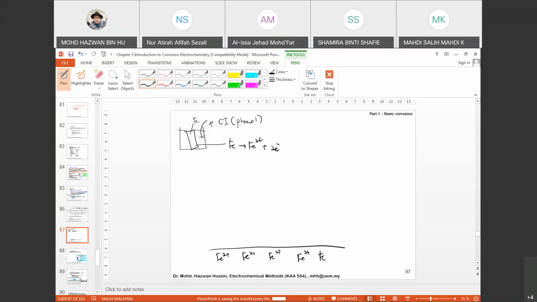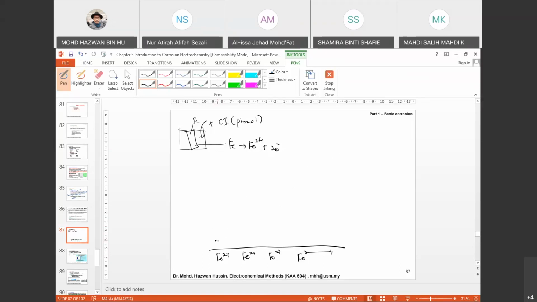Imagine that in this solution you have water, probably OH minus, or maybe chloride ions or others. This positively charged surface can eventually attract negatively charged ions in the electrolyte.